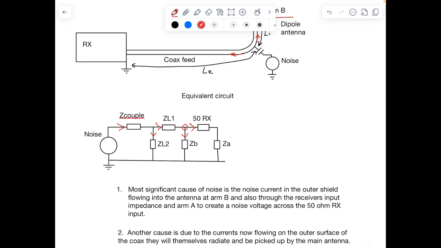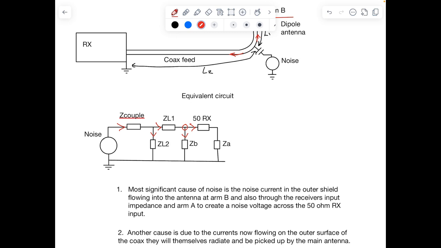If we look at ZL2 in the equivalent circuit, if we effectively make ZL2 a short circuit, then all the noise current would be decoupled back down to earth, so no noise voltage would appear across ZL2, and therefore no extra noise voltages or currents would be impressed into ZL1, ZB, the 50 ohm receiver, or ZA.